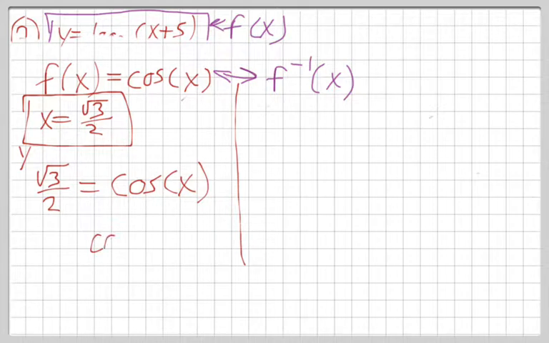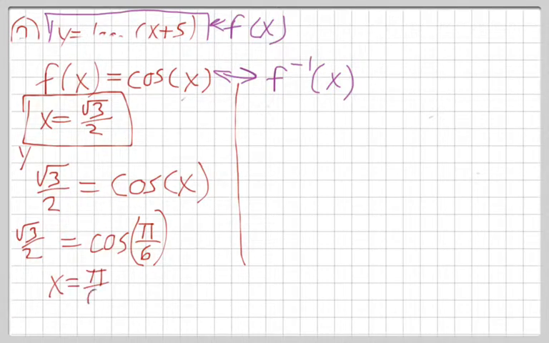So the cosine of pi over 6 is equal to the square root of 3 over 2, right? So when we're talking about the inverse, our x is the square root of 3 over 2 when the original y value is pi over 6.